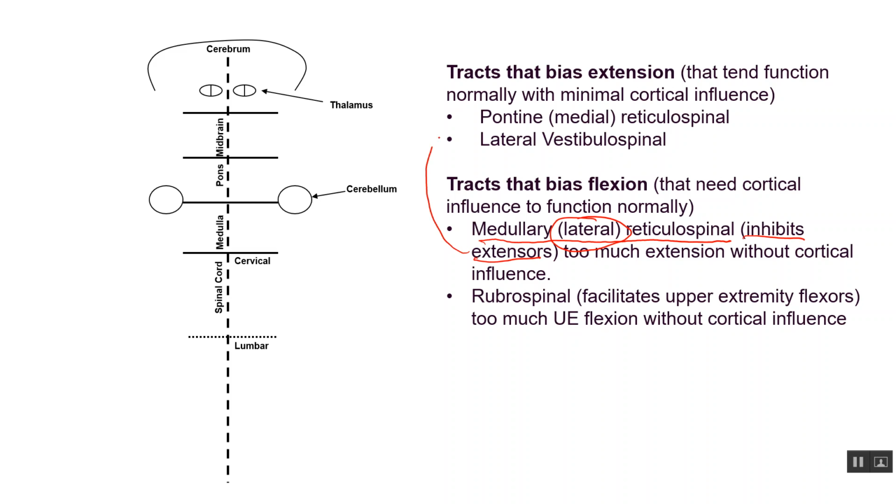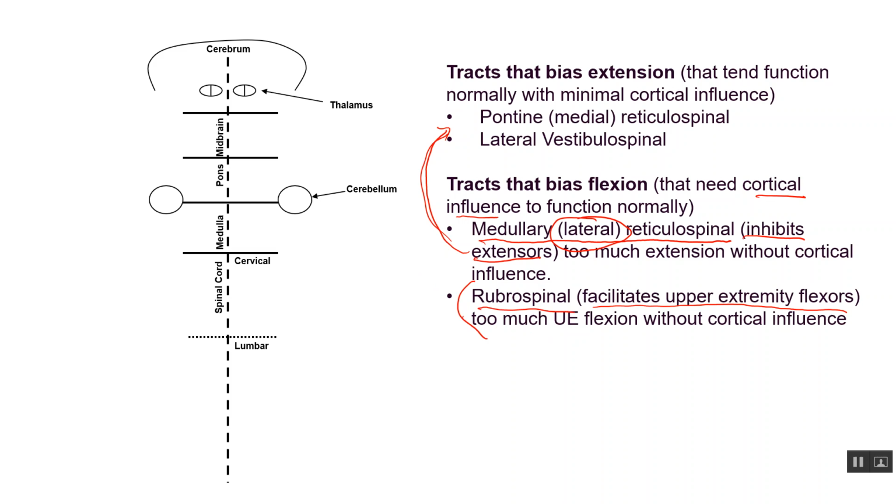It helps to counteract some of these guys when it's working normally, but it needs the cortex. It needs cortical influence to do its job of balancing out these extensor bias tracts. We also have the rubrospinal tract. That's also a brainstem tract that biases facilitation of upper extremity flexors. We'd get too much upper extremity flexion without cortical influence. So the rubrospinal tract also needs some cortical influence.